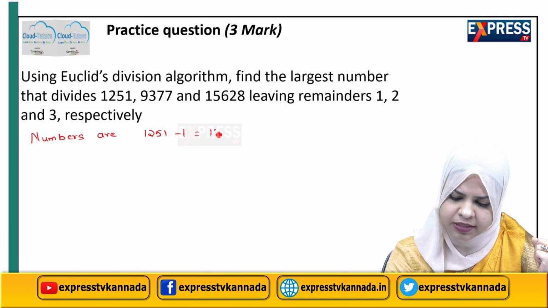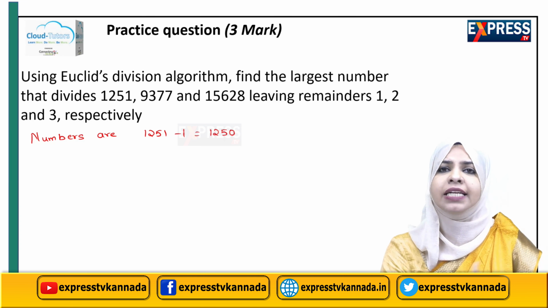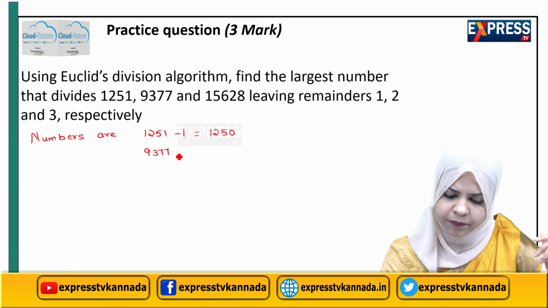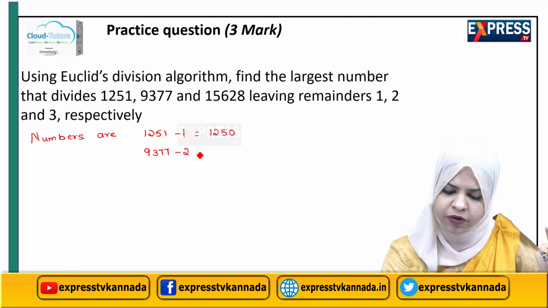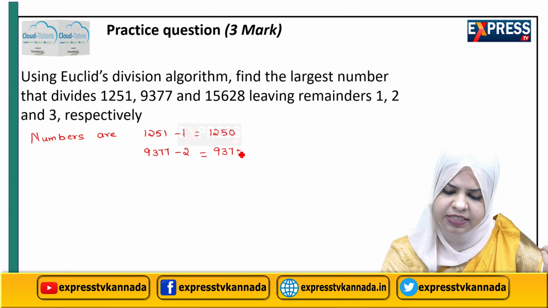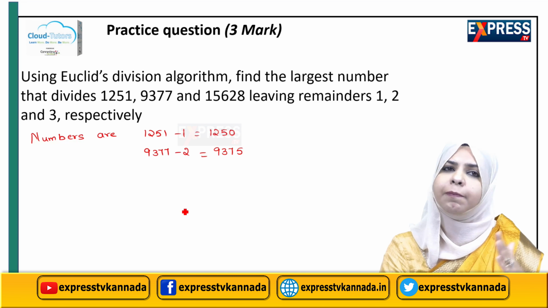So the number is 1250, which divides completely. Now the next number, 9377, leaves a remainder of 2. If I subtract 2, the number would be 9375, which divides completely.